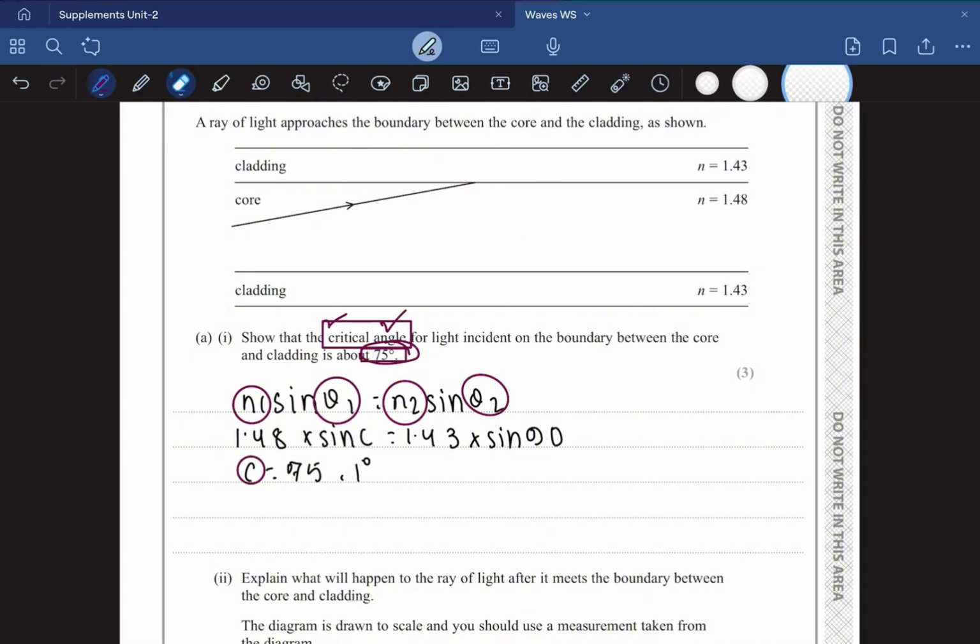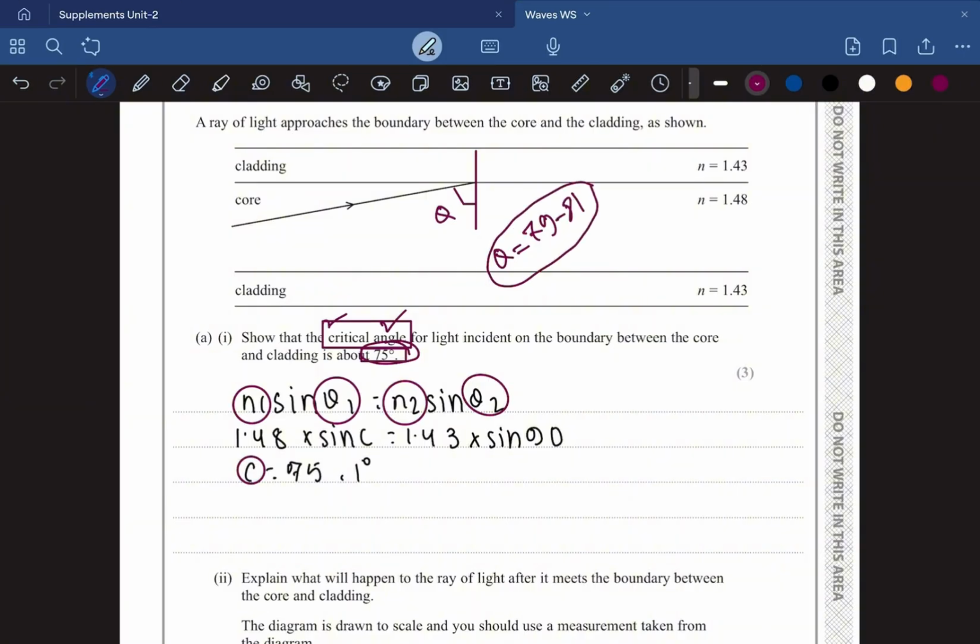Now let's have a go at it. What we first have to do is draw a normal right here, and after drawing the normal, measure the angle with the normal. When you use a protractor to measure this angle, you will find that this theta is in a range of 79 to 81. Any value in between is correct.